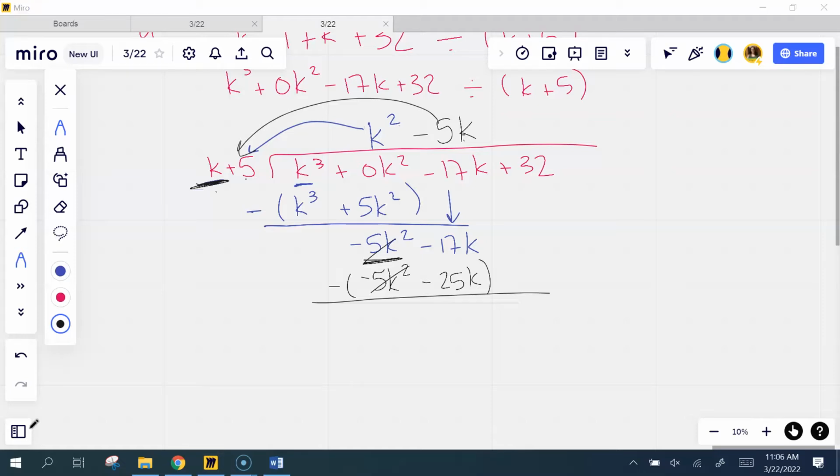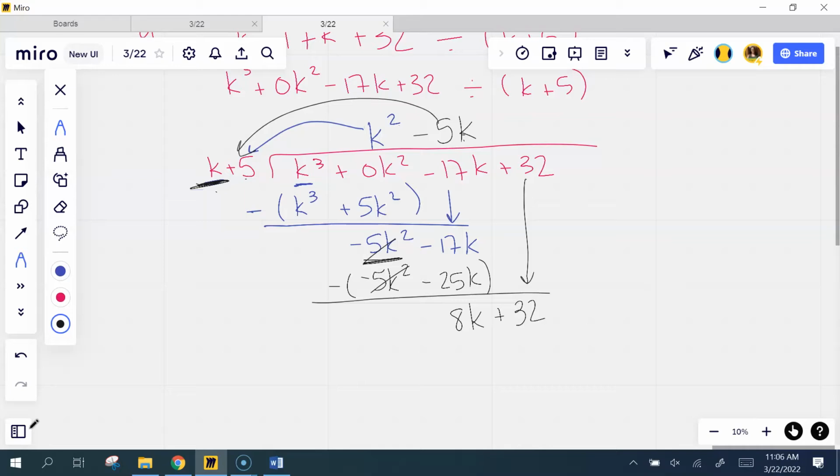Negative 17k minus negative 25k. Right? Signs will throw you off on this. That's the big one: if you're going to mess up, it's going to be neatness and signs. So be very, very careful. Drop down the next one.